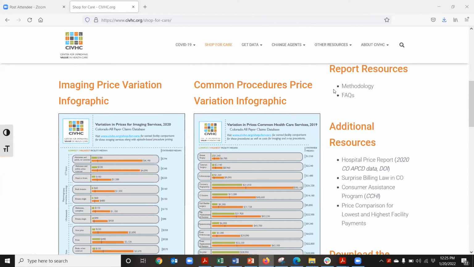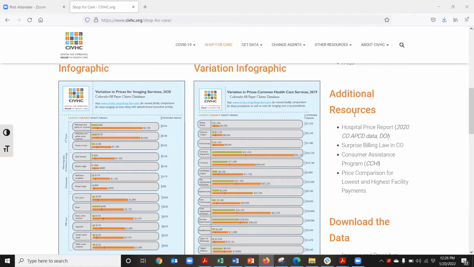We also have collected a list of frequently asked questions from you and from the users over all these years. We provide some additional resources for your reference, like the hospital price reports. So those are different reports, with different purposes, but they can be useful to read and interpret the data.